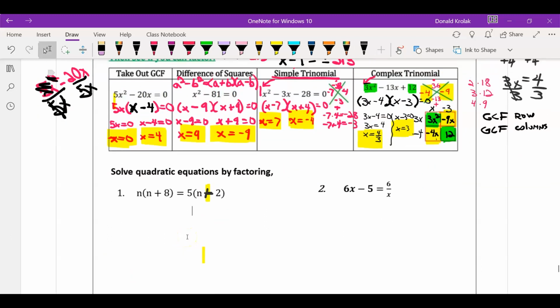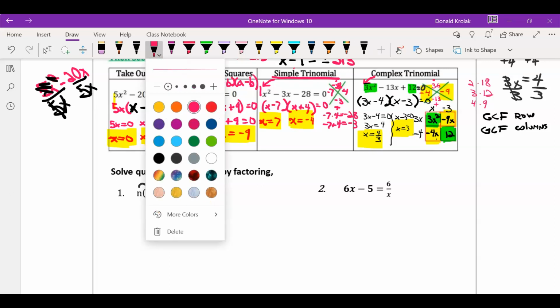If you notice, all of these are set up so that they're equal to 0. So to solve this, we're going to do the exact same thing. Sometimes you've got to clean them up a little bit. This is going to take just a little bit of work to get it into shape, and then I'm going to factor it.